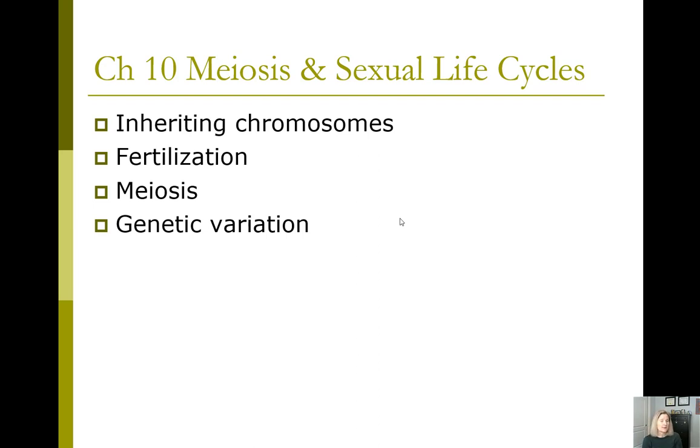We're producing new gametes that are not identical to each other. This is where we get a lot of variation in our genetics. So we're going to talk about that and make sure we understand what chromosomes are and why we have 23 pairs of them. Okay, so we're going to get into that today.